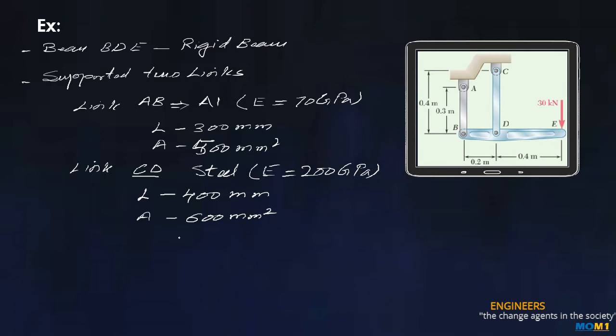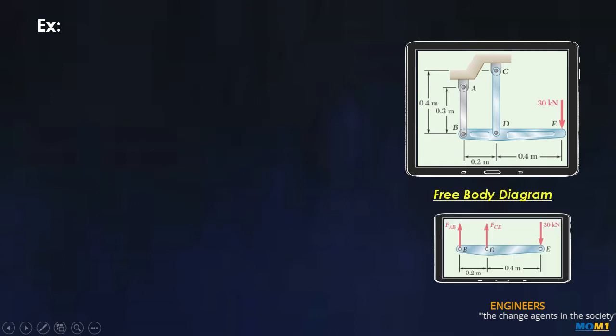Now to calculate the forces in link AB and link CD, we are going to use the free body diagram, and from this free body diagram we apply the equilibrium conditions to calculate the forces in link AB and link CD.